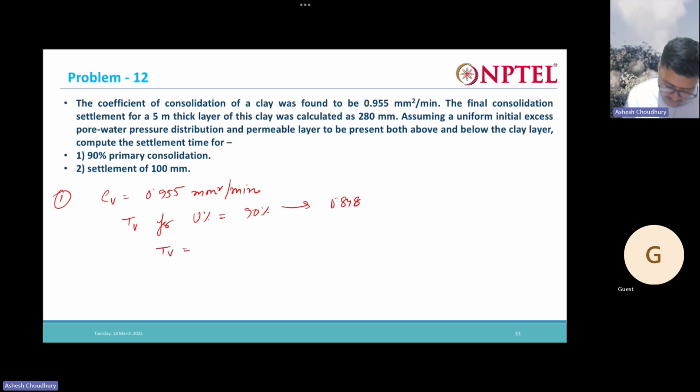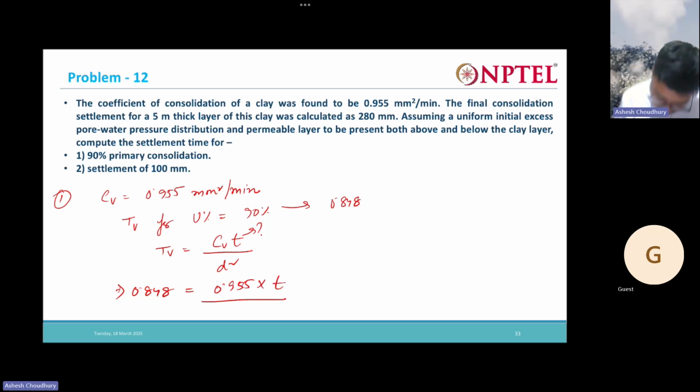Now t, this time is unknown, right? Put all the values. This Cv, d squared. So d is 5 meter thick, so 5 by 2 meters into 1000 mm squared.